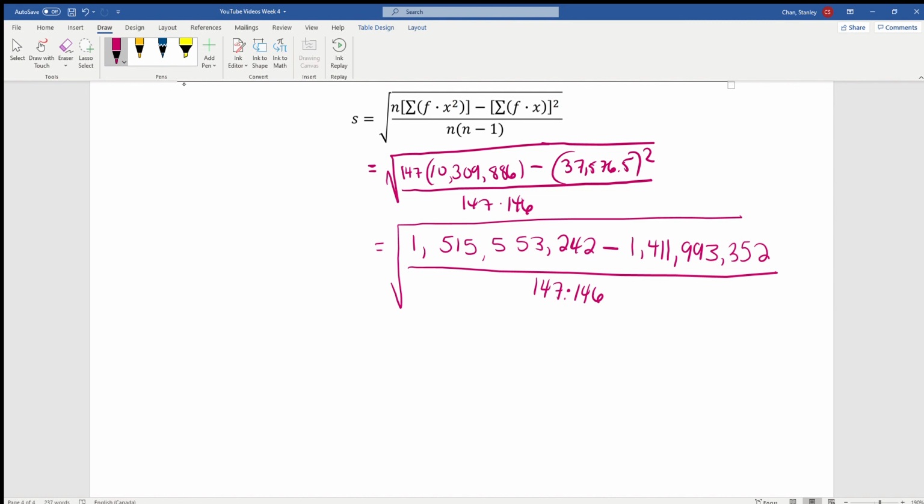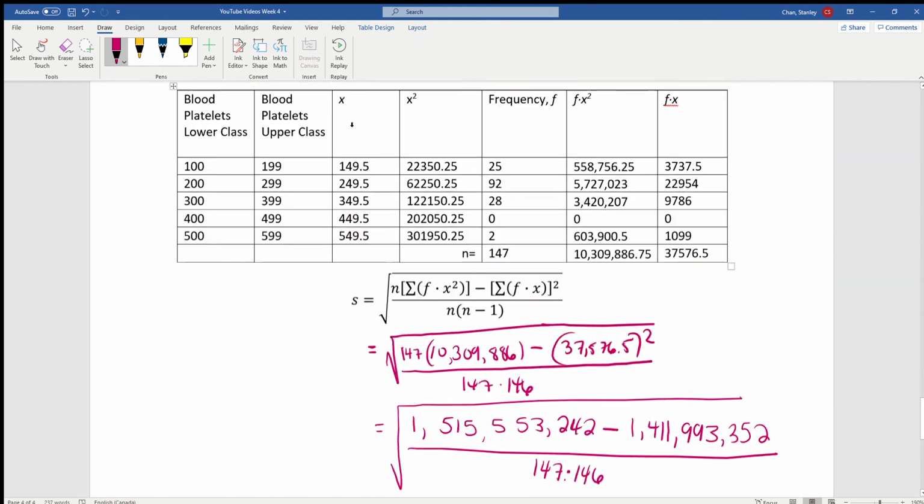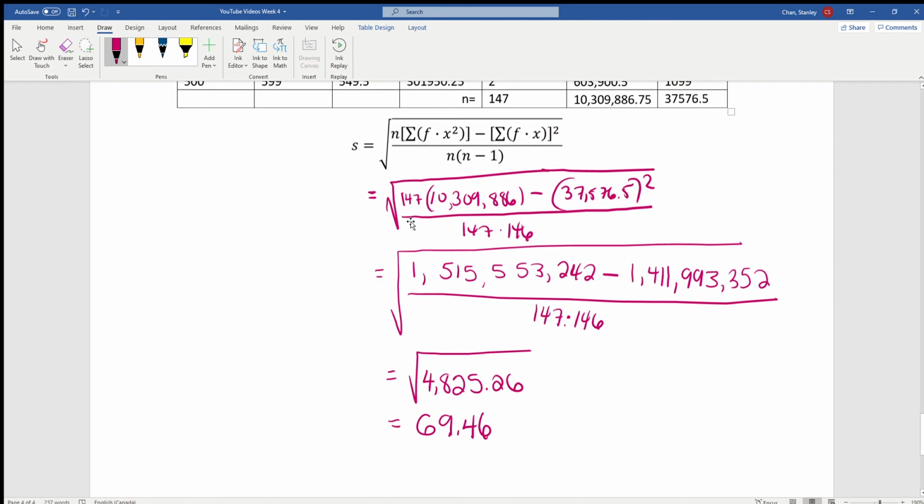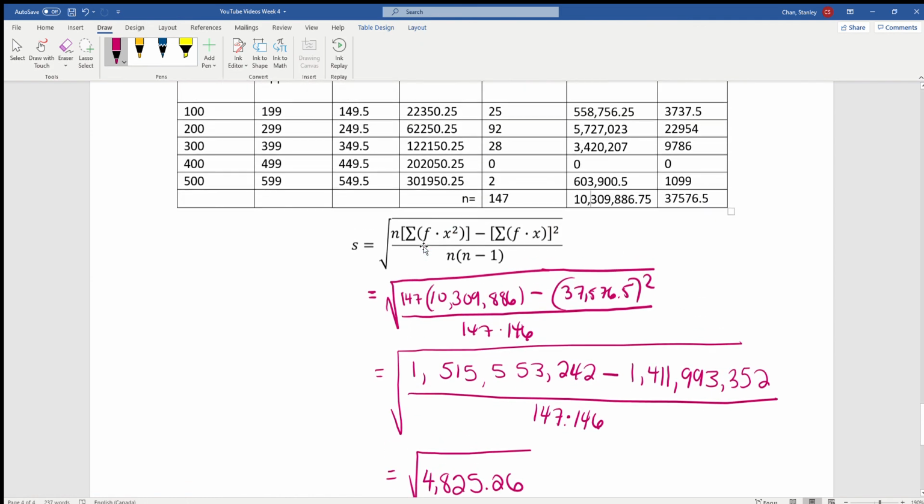So it's going to be equal to the square root of 4,825.26. So this all equals 69.4. So this is what the standard deviation of this frequency distribution table is equal to, 69.46.